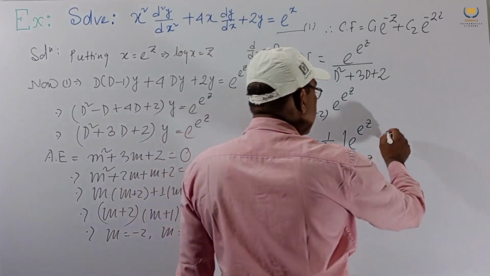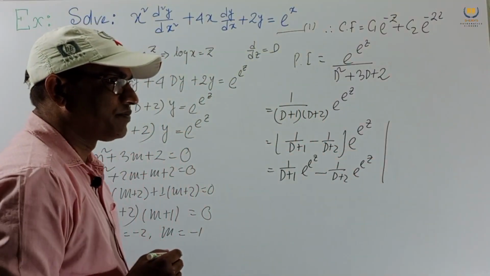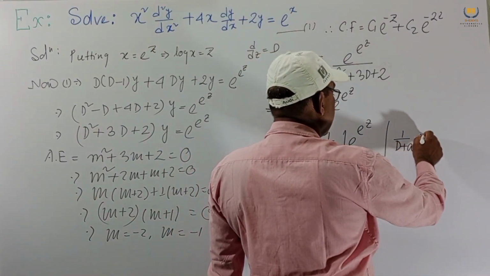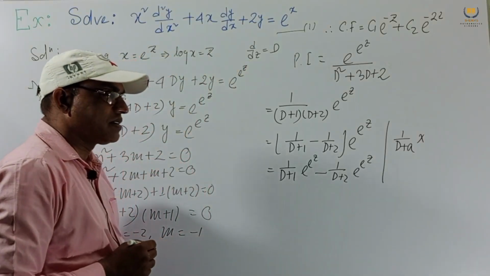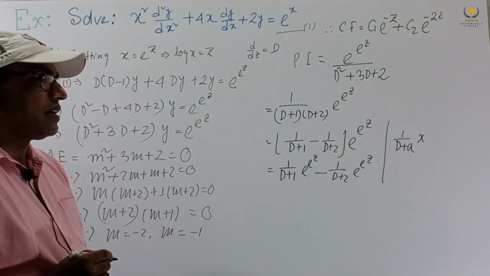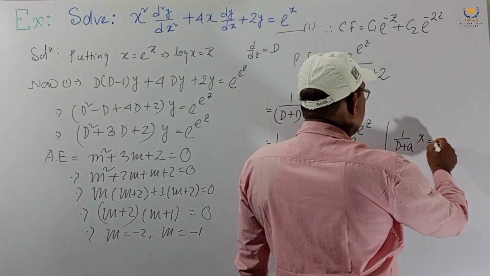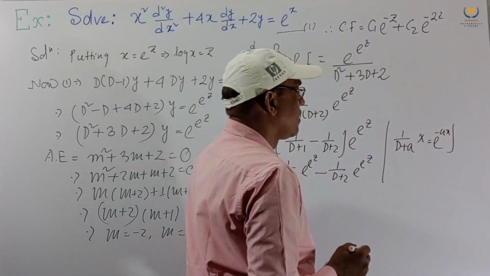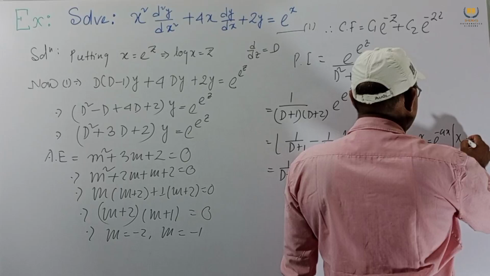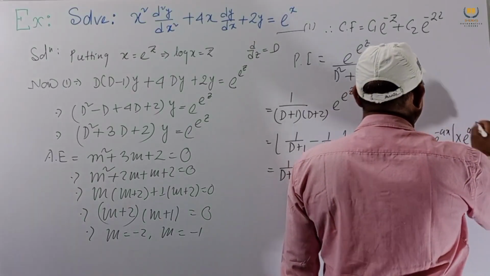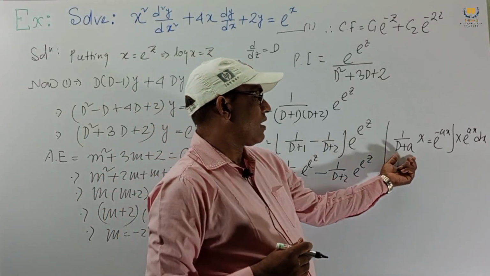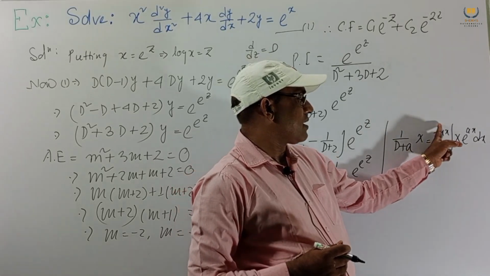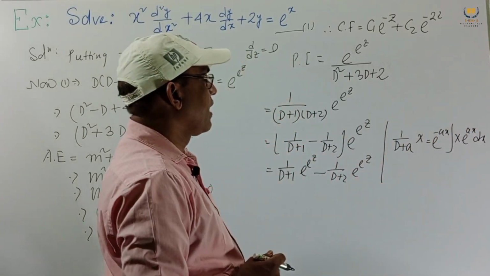But we know this formula: 1/(D + a) X = e^(−ax) ∫ X e^(ax) dx. We get this formula.